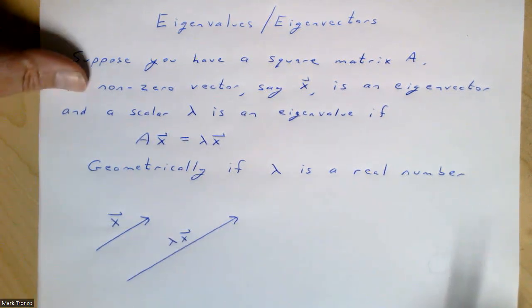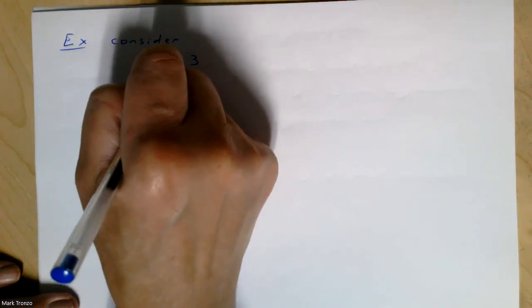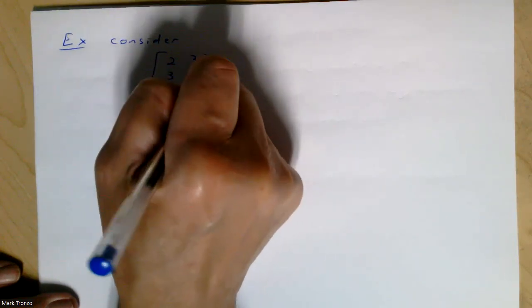So once again, let's look at numbers. Consider this matrix 2, 3, 3, 2.